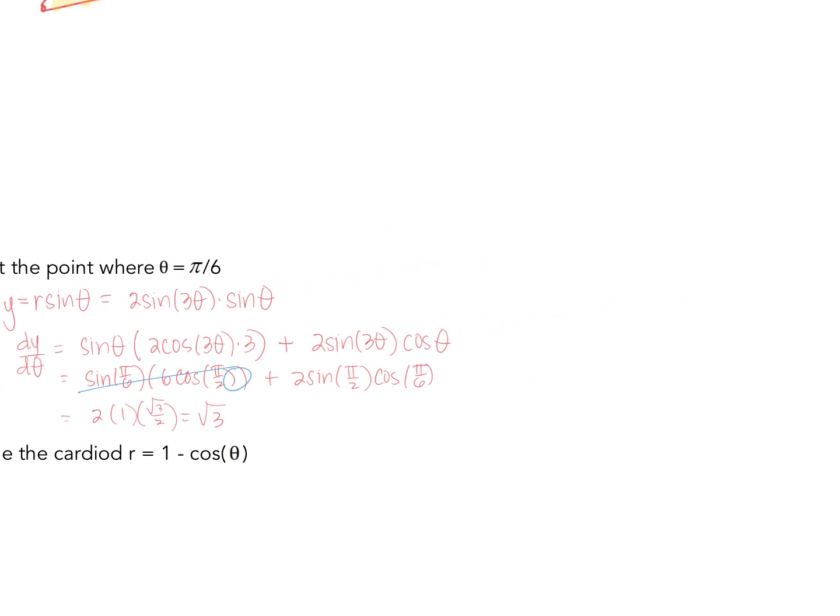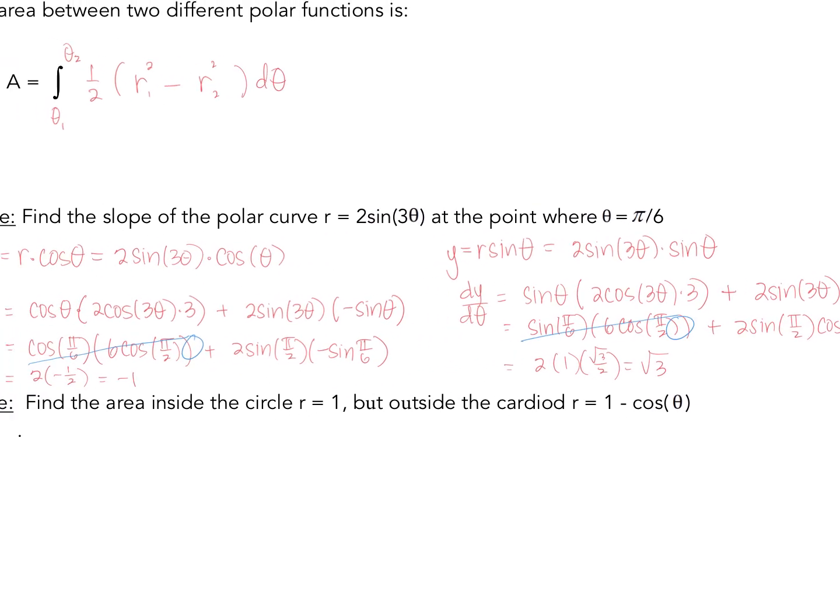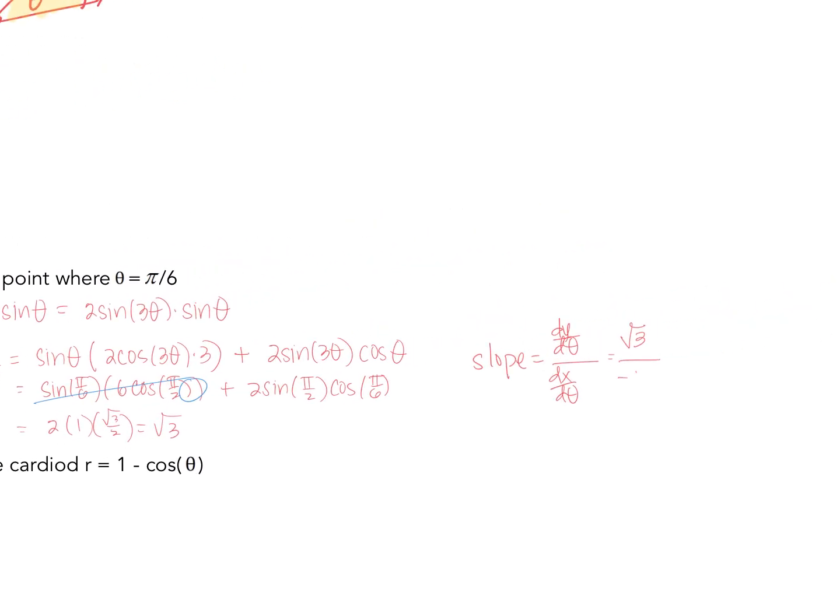So my final answer here is going to be, if you've got room somewhere, the slope will be dy d theta over dx d theta. So that would be rad 3 over, I already forgot what dx d theta was, negative 1. So negative rad 3. Any questions on that one?